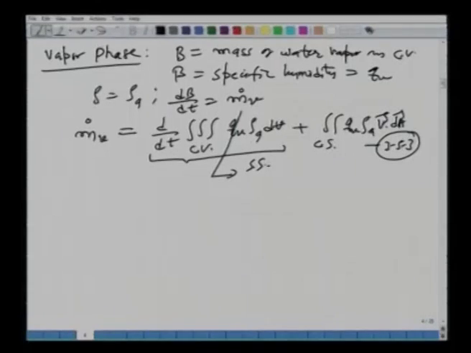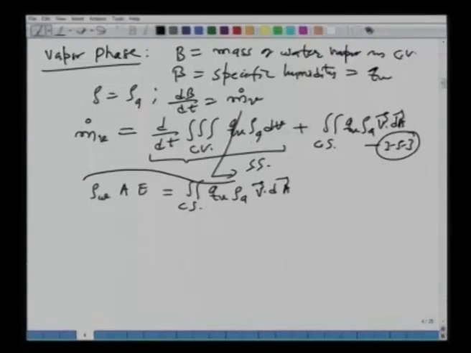So, if we understand that, then all we would have is mv dot, which we can write as rho w A E, is equal to over the control surface of your qv rho A and V dot dA. So, this is a complete continuity equation.